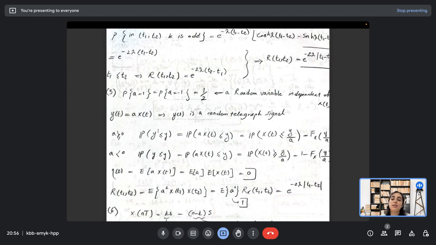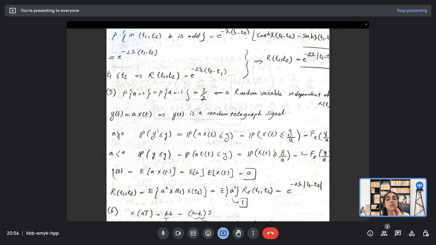Okay, to calculate the probability distribution function, we first think of a being greater than 0, and we write the probability of y being smaller than y.